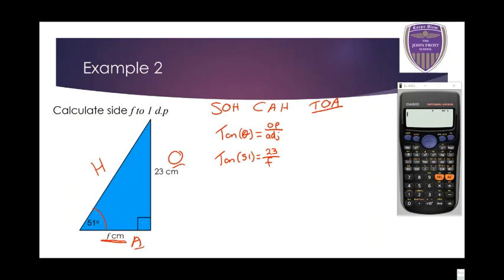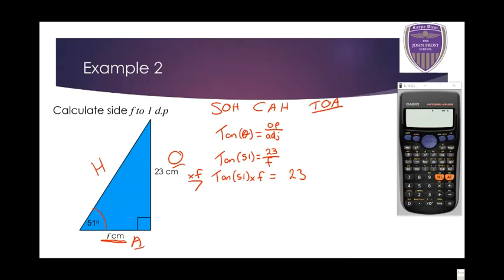So if we want to rearrange this, we get F on its own, okay? One way of doing this is to move F over the equation, so we want to get F on this side. If I multiply both sides by F, that will give me tan 51 times F, and that will be equal to 23, because the F's cancel out on the 23 over F. But now, because I want to get F on its own, I have to divide by tan 51.